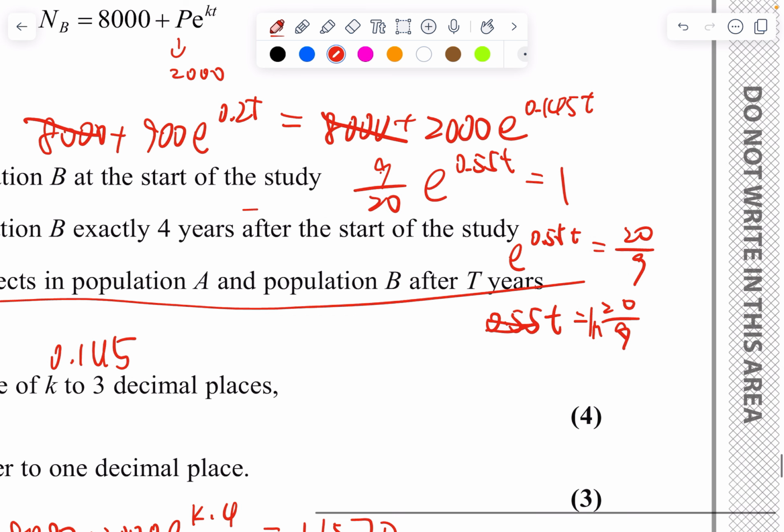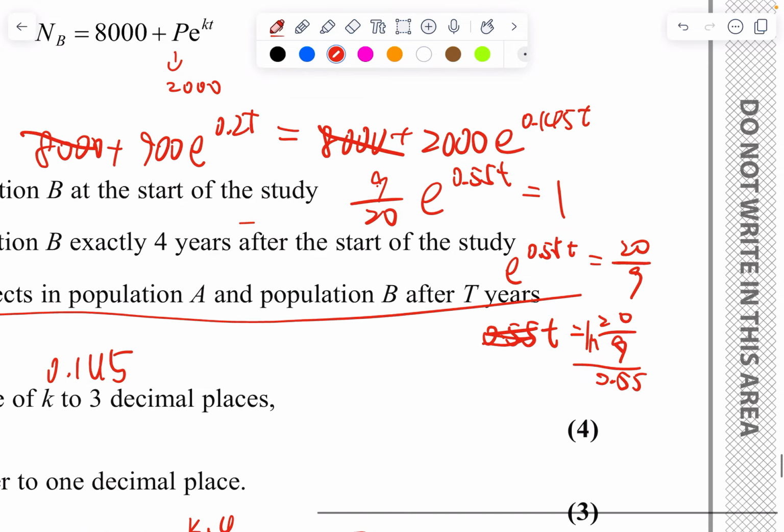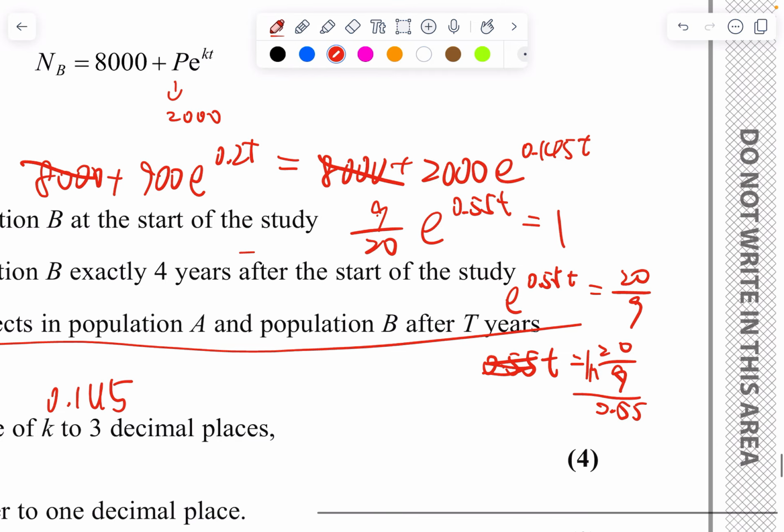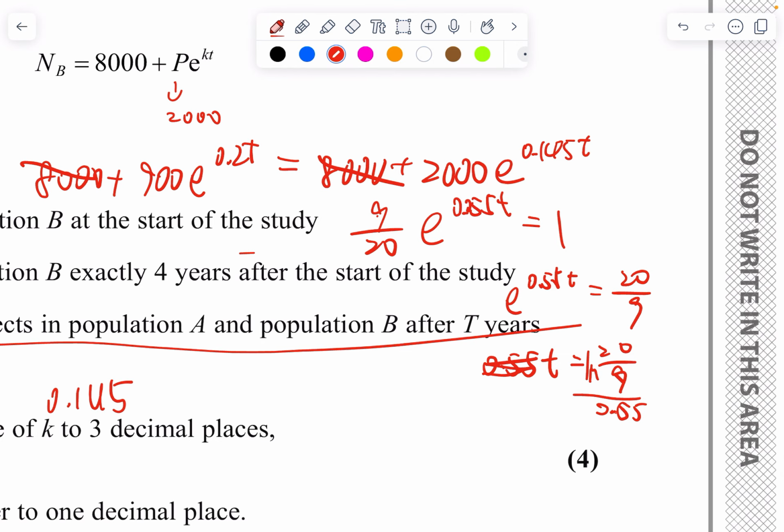Then we divide both sides by 0.055. That is the final answer. The final answer is ln 20/9 over 0.055, which is. Wait, did I get something wrong again? This is a 0.055, by the way. So we get t equals 14.5, around that value.